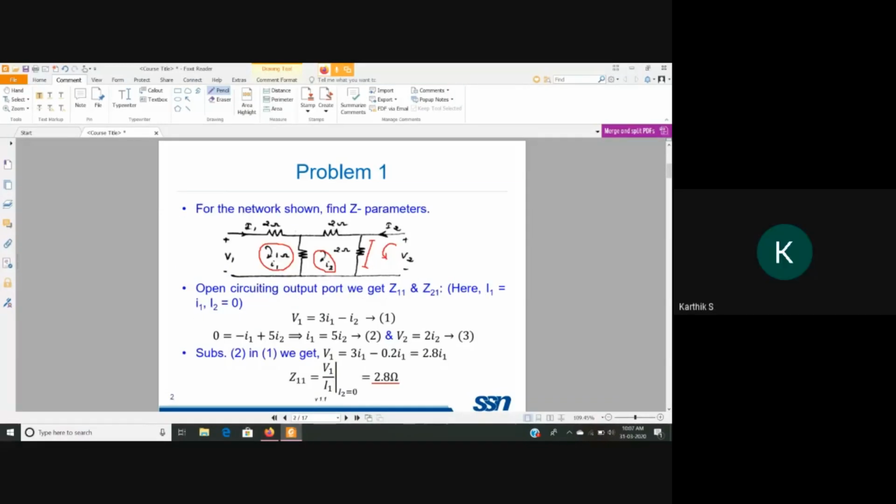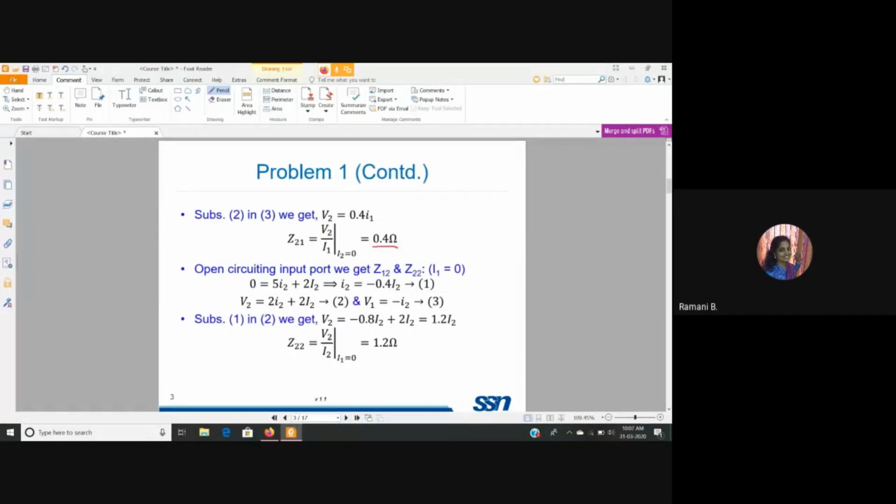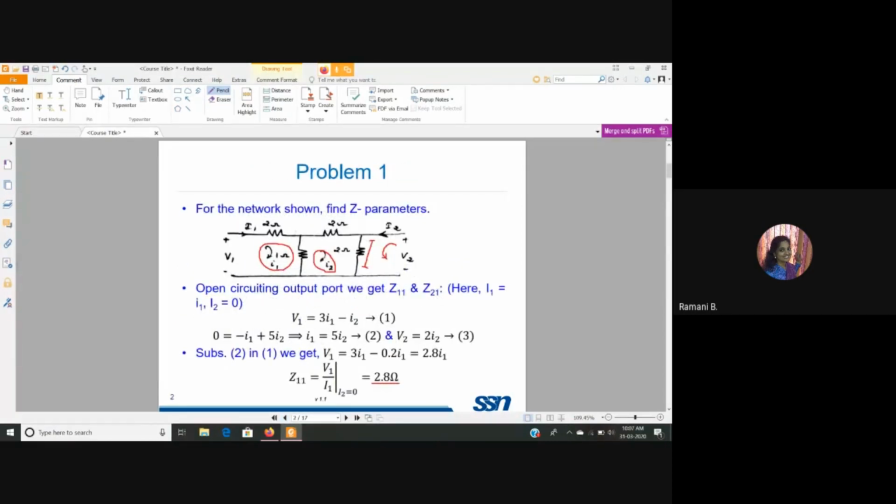And in this loop, we have V2 as 2 into capital I2 plus small I2. So we have the equation V2 is equal to 2 small I2 plus 2 capital I2. From this, we can also say V1: as we have open circuited, V1 would be straight away the voltage drop across this when I am open circuiting the input port.